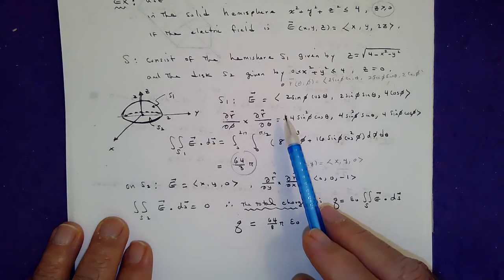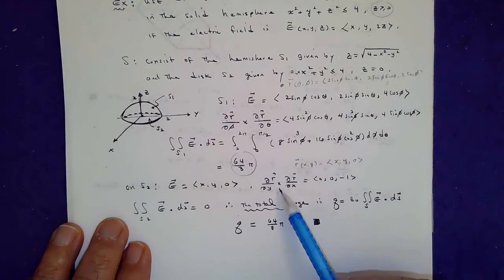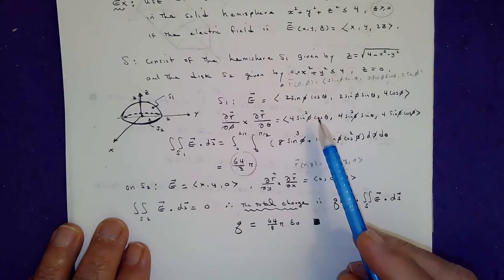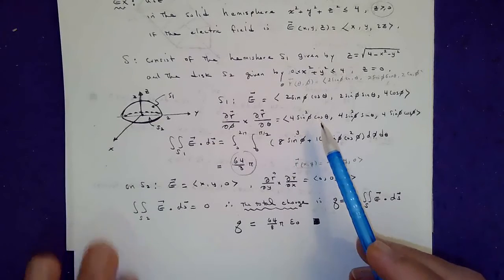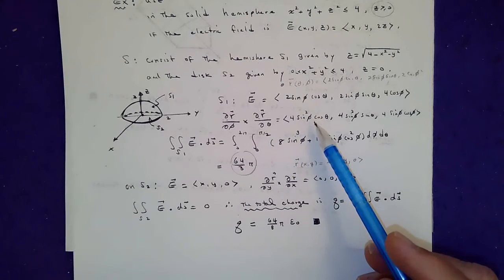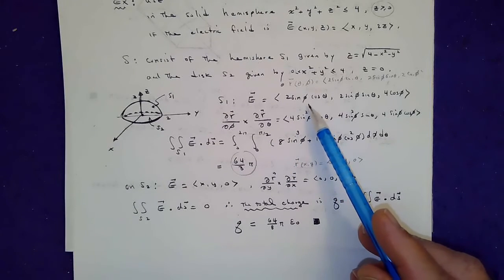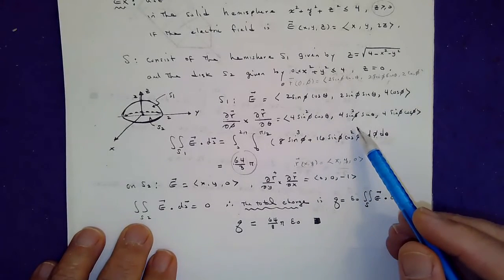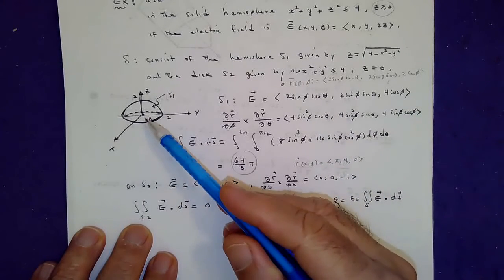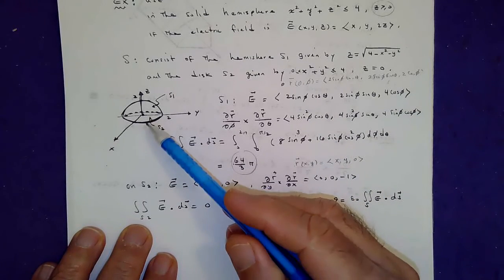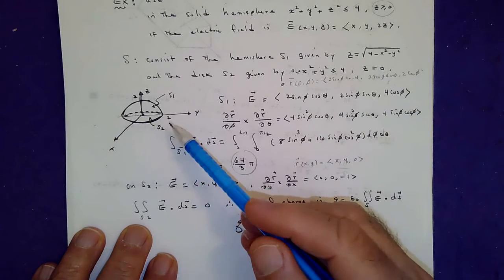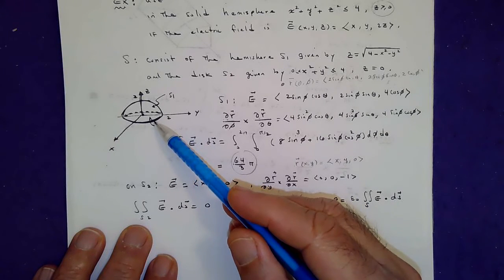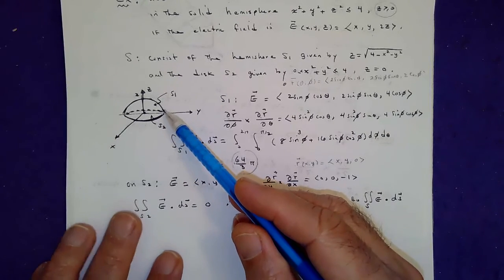Incidentally, when I took the cross product of the partial of r with respect to theta and phi, I got this. But remember, this is an example of multiple surfaces, because you have the bottom of the sphere and the top.